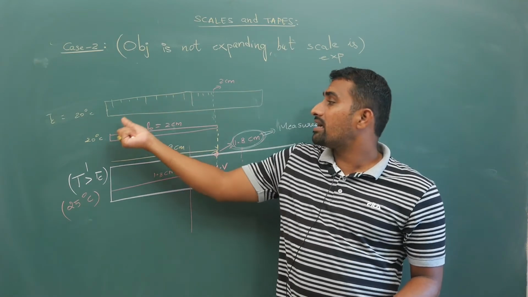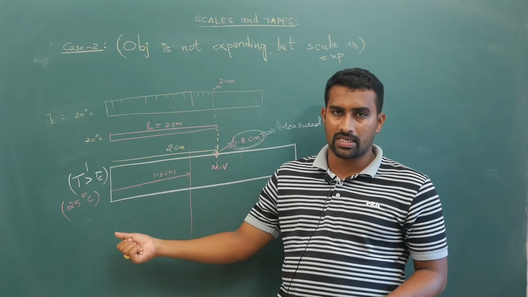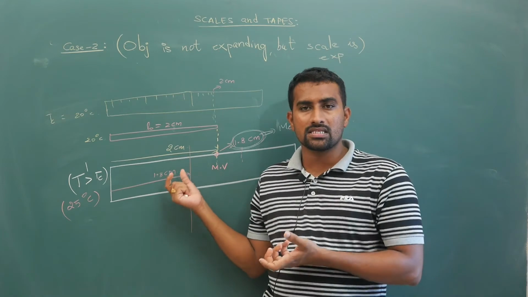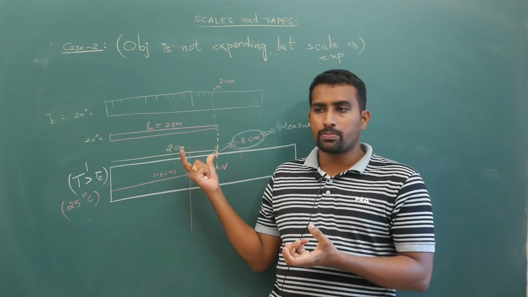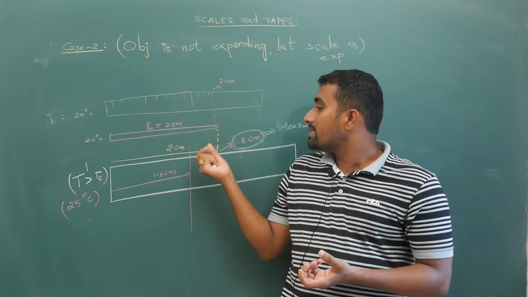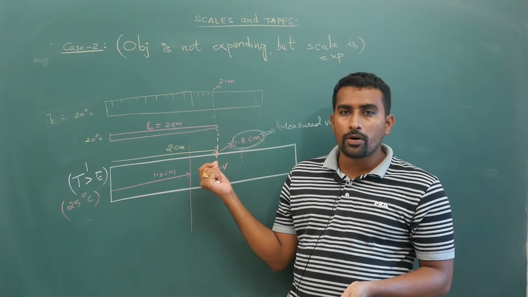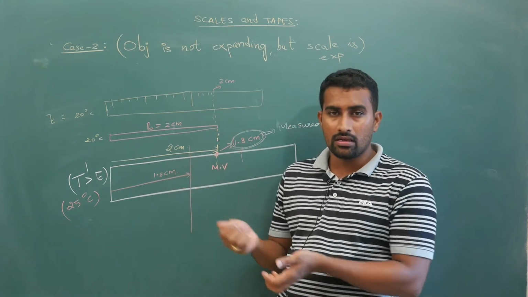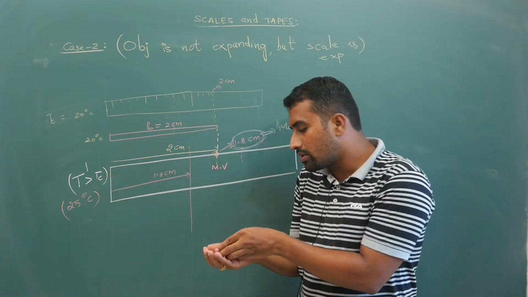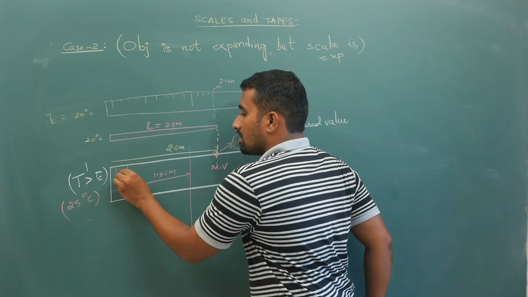Initially at the correct temperature it is showing 2 centimeters, now you have increased the temperature. Increasing the temperature will make this scale expand. When the scale expands, the gap between the readings will increase. Instead of showing 2, it will show a lesser value, some 1.8. That 1.8 reading, somewhere here, first the gap between these two readings will increase, and between these two, and between these two.